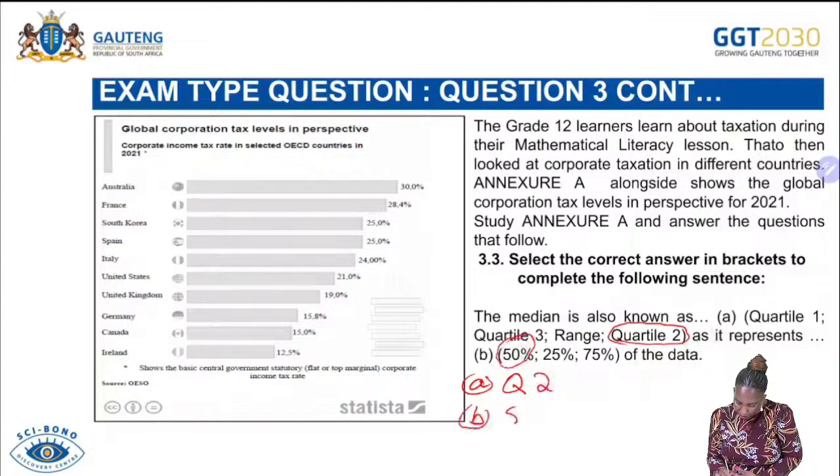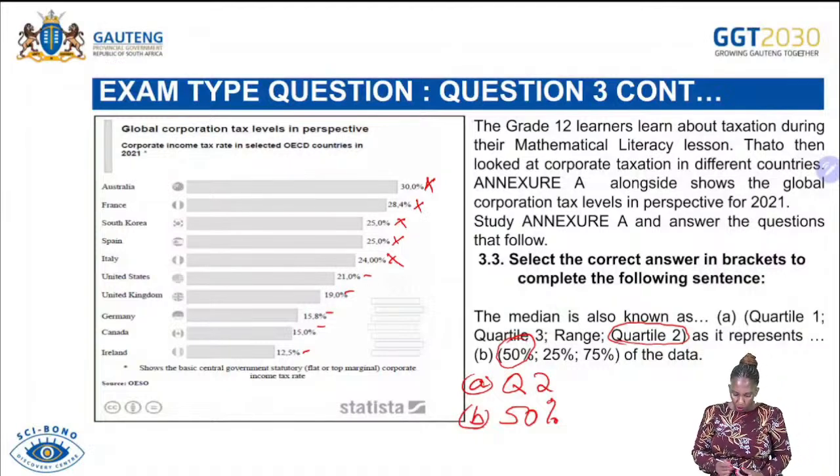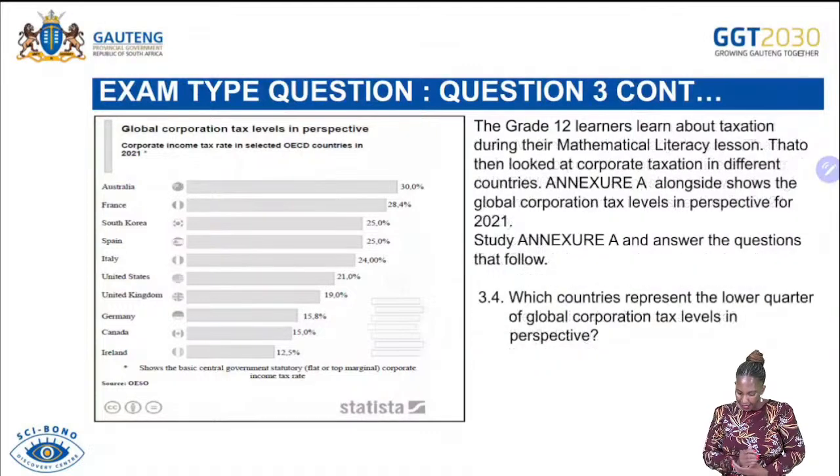It also represents 50% of the data set. So when you look at this, it is 1, 2, 3, 4, 5, and then from the top it's 1, 2, 3, 4, 5, so 24 and 25 are the middle ones. My median is known as Q2, and it represents 50% of the data set.